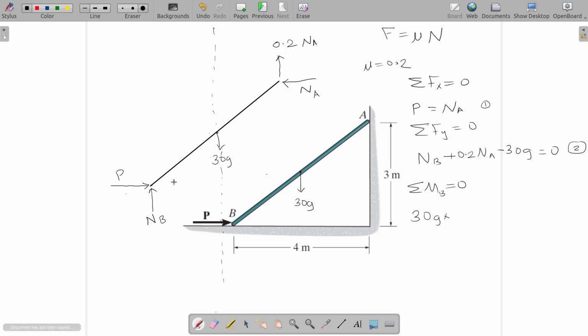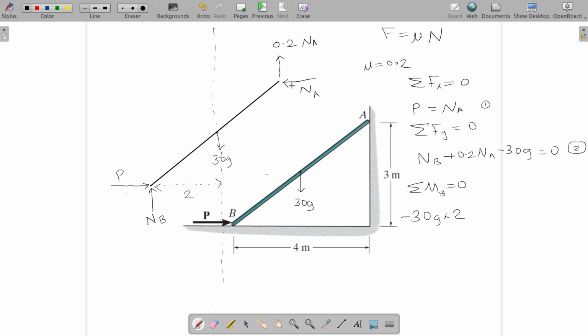The perpendicular distance between that line of action and point B will be this distance, which will be 2 meter. So this multiplied by 2. And now that force is acting downwards here, so it tends to rotate the bar about B in clockwise direction.